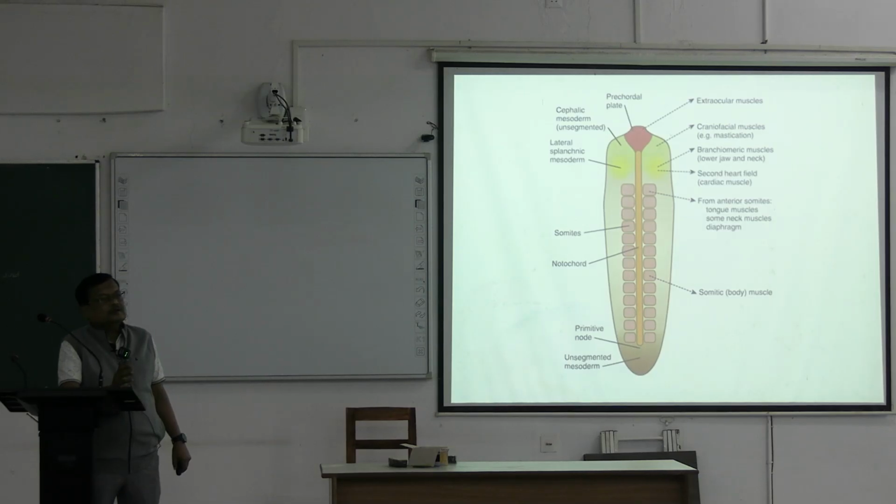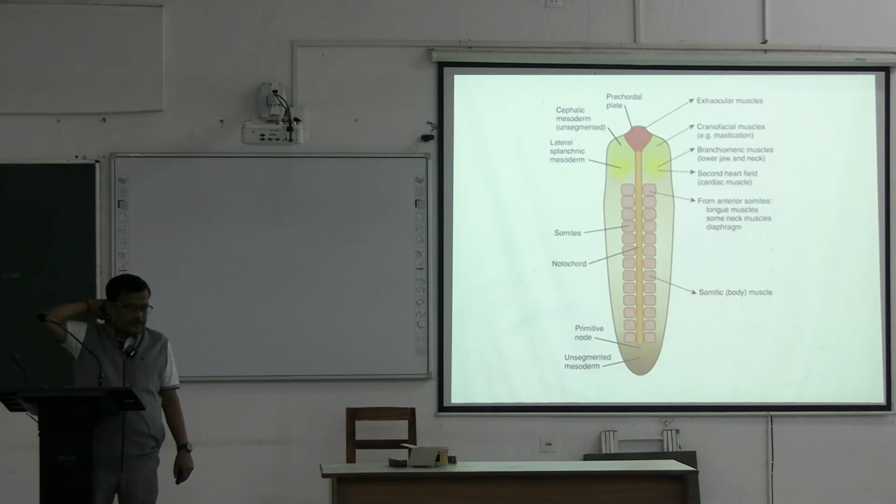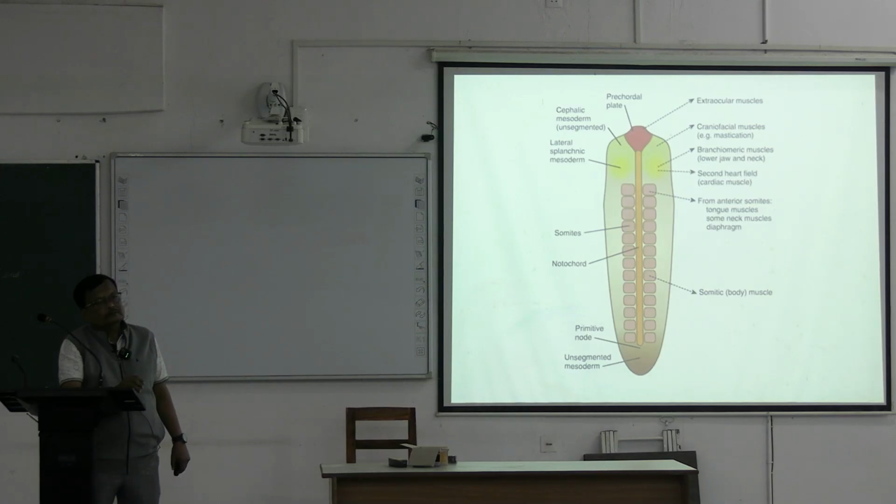You may ask, sir, the somites are on the dorsal side, but the tongue is on the ventral side, then how should the tongue get them? Actually, these occipital somites migrate, move in this fashion, to come to lie inside the tongue. That will be dealt with in your embryology of the tongue. I am not going into different details.